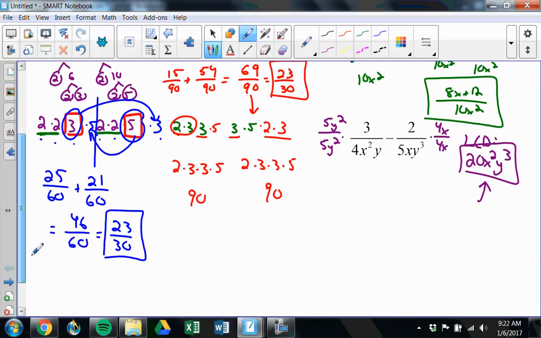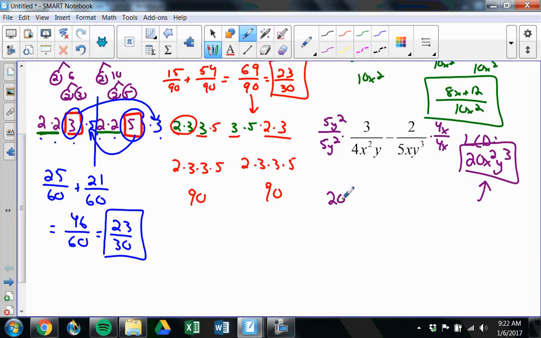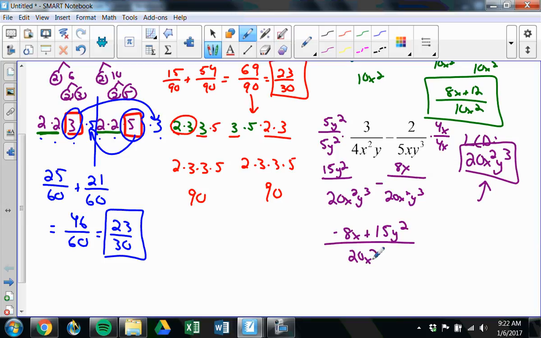Now both of these will have denominators of 20x squared y to the third. On top, I'll have 15y squared minus 8x. So altogether it's negative 8x plus 15y squared over 20x squared y to the third. I put the x's before the y's to be in standard form.